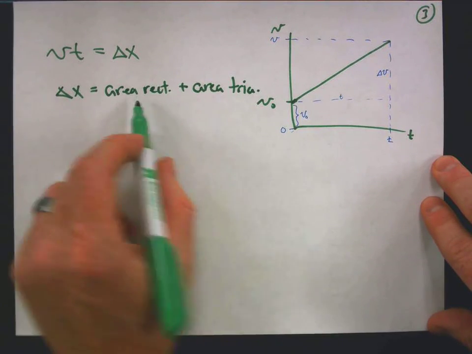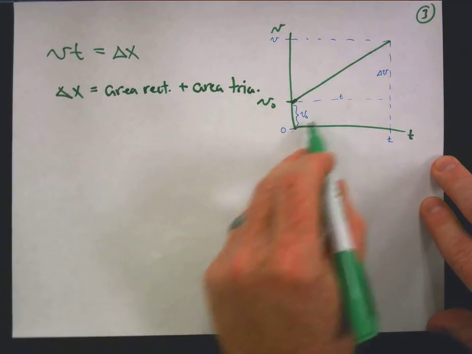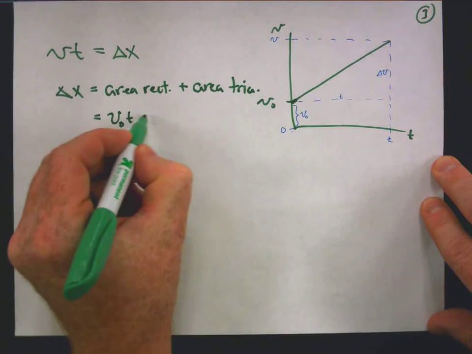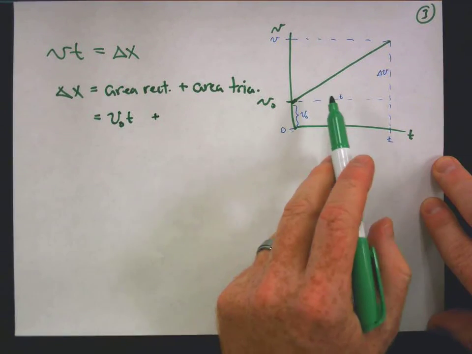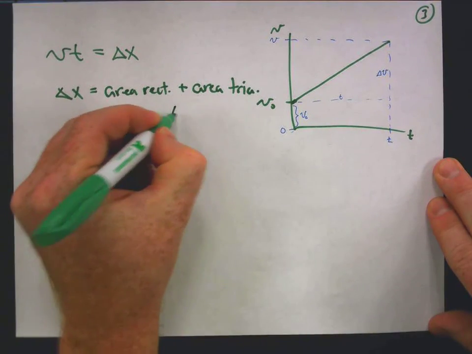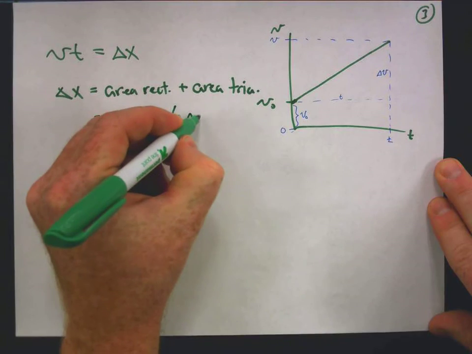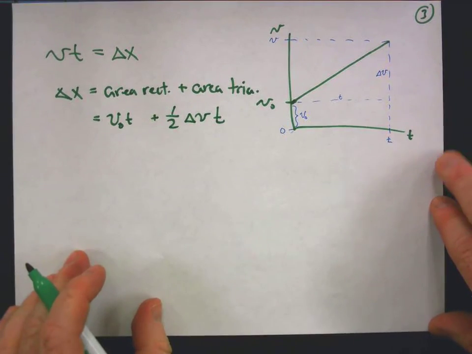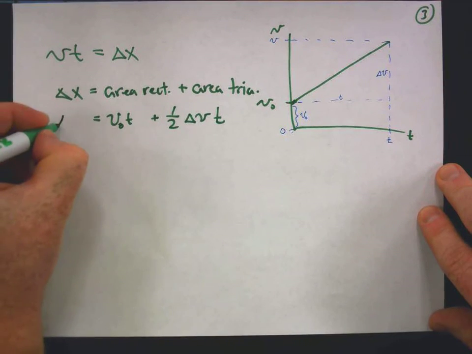The area of the rectangle is going to be initial velocity times time. The area of the triangle is 1/2 base times height, so 1/2 t times delta v. I'm going to write the delta v first, because that's how it's more traditionally written. The order does not matter, obviously. There we go, and so this is displacement.